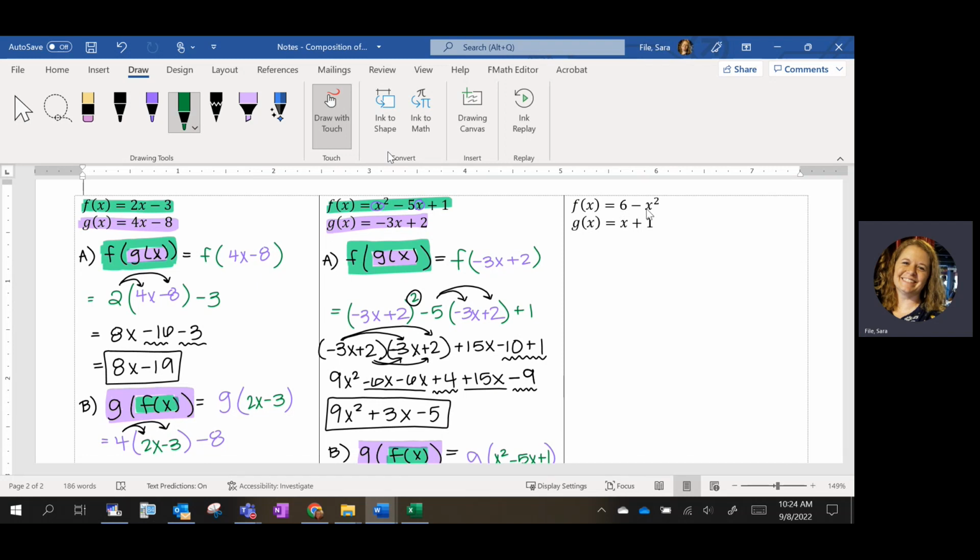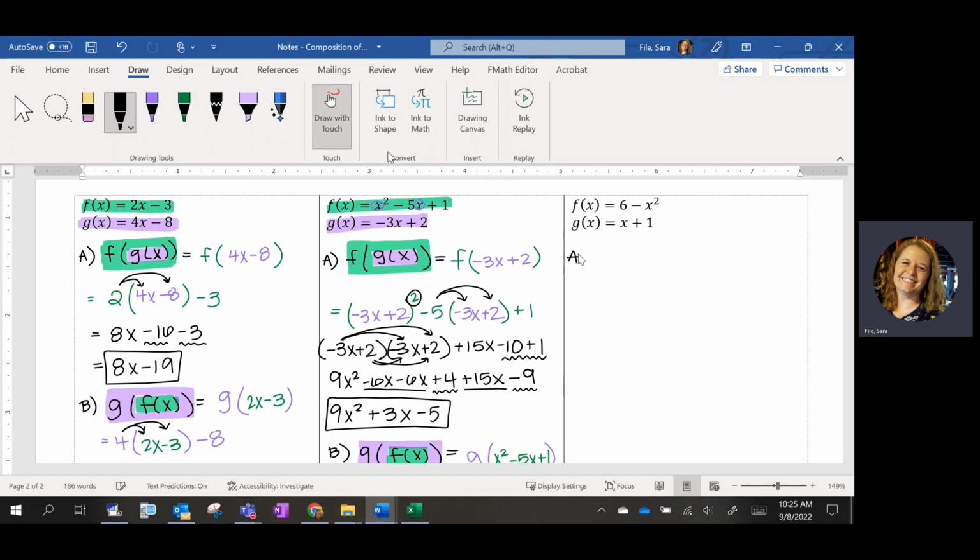This quadratic is only a binomial. There's only two terms, where this one was a trinomial. So yes, this one's going to be a little less complicated in the simplifying process. There's one less term, and there's only one x term in that quadratic rather than two x terms, so you're only having to plug in one place.